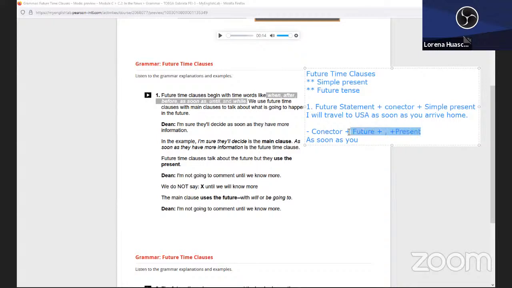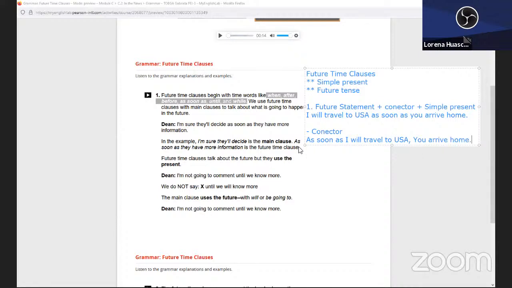In this case, I want to explain this. This is different. If I put the connector first, I can't start with the future. Why? Because it's not going to make sense. Let's see. As soon as I will travel to USA, separated by a comma, you arrive home.